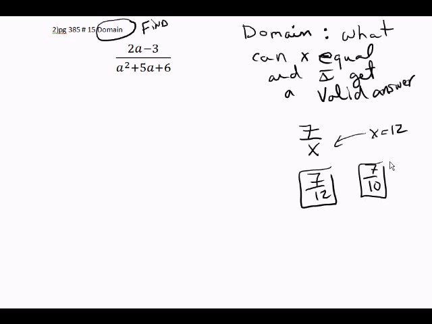Okay, 7 over 10. Is that an answer? Is there anything I can put into x and I won't get an answer? Well, what's 7 divided by negative 1? That's an answer. So negative numbers are okay. 10 and 12 are okay.